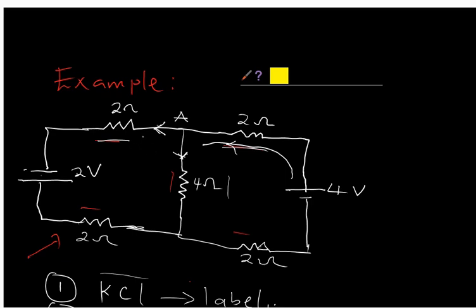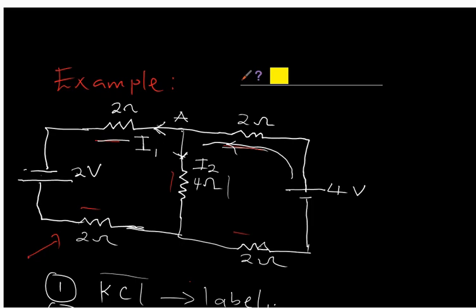So let me call the current that is leaving this junction I1, and the other one I2. According to Kirchhoff's law, since I1 is leaving junction A and I2 is also leaving the junction, the current entering the junction is going to be the sum of I1 and I2.